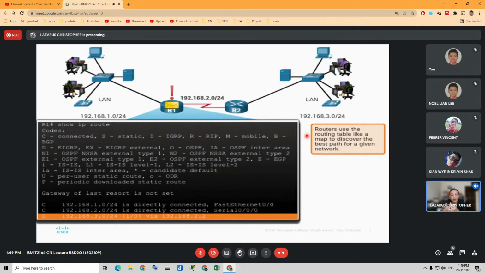That is where the router needs additional information that it gets from the next hop, the next router, because it has no idea about remote networks. The only way to get the information is from the neighboring routers.